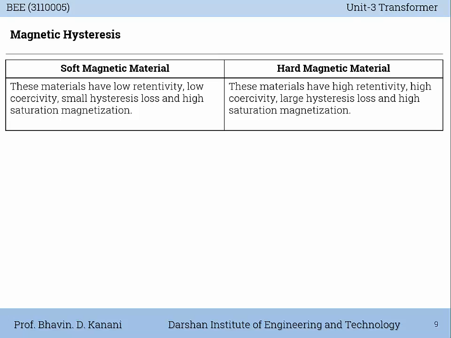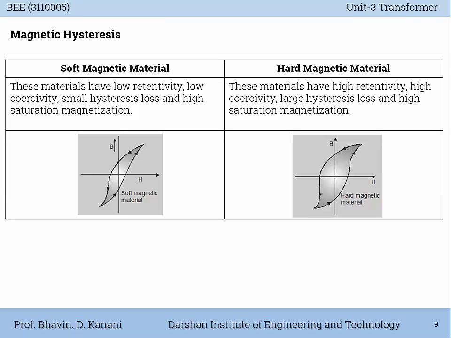Whereas hard magnetic materials have high retentivity, high coercivity, large hysteresis loop, and high saturation magnetization. You can see the hysteresis loop of both types of material. In a soft magnetic material, the hysteresis loop is of small shape, and hard magnetic material has a large hysteresis loop.